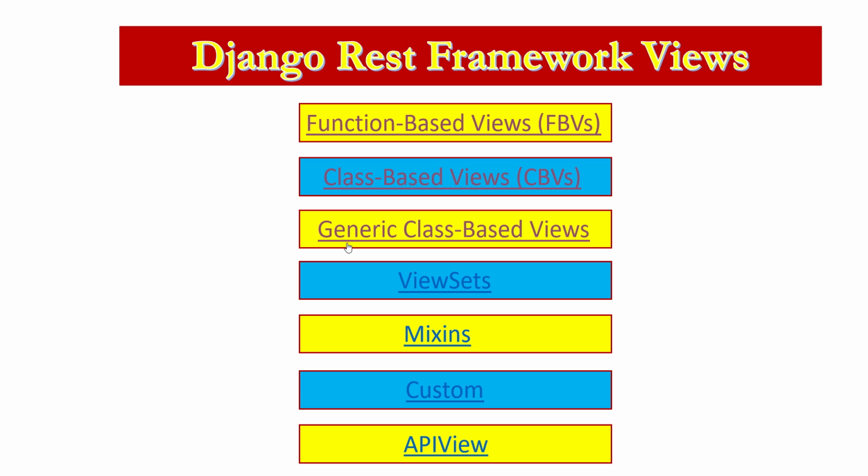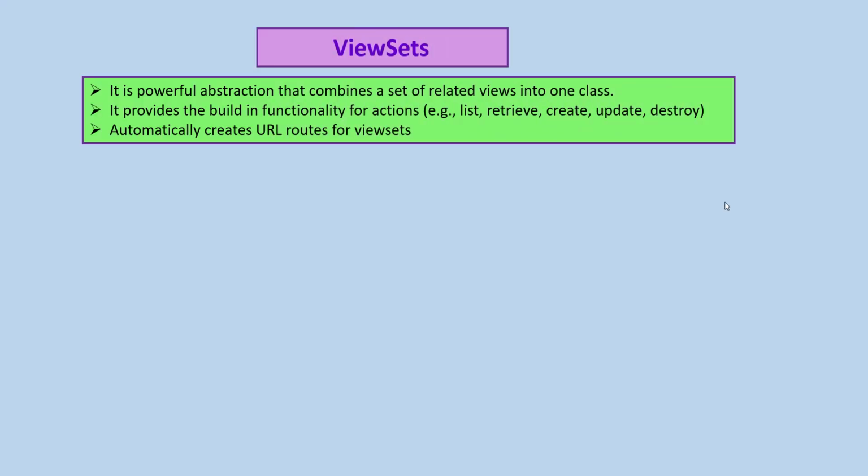Let us see the next one, viewsets. This is the most popular and recommended way of creating views when we are using the Django REST framework. It is a powerful abstraction that combines a set of related views into a single class, and it provides built-in functionality for actions like list, retrieve, create, update and destroy.